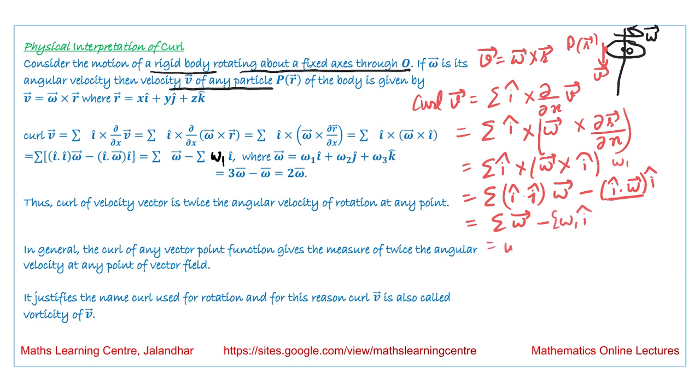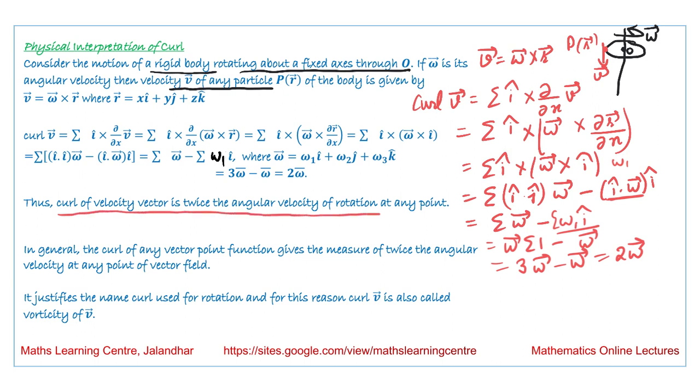The omega vector comes out, and we get sigma 1, which is 3 times omega vector, minus omega vector. The answer we obtain is 2 times omega vector. So the curl of the velocity vector is twice the angular velocity of rotation at any point.